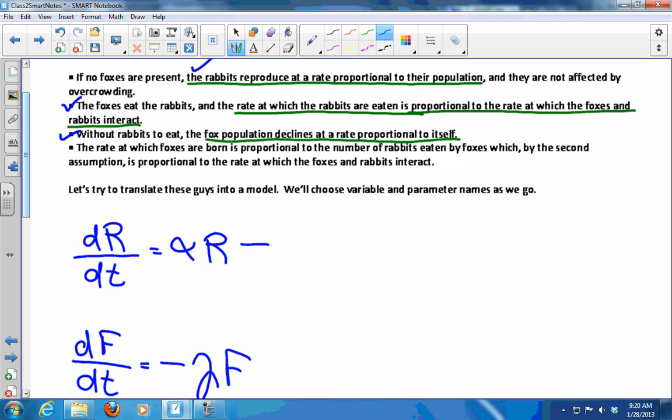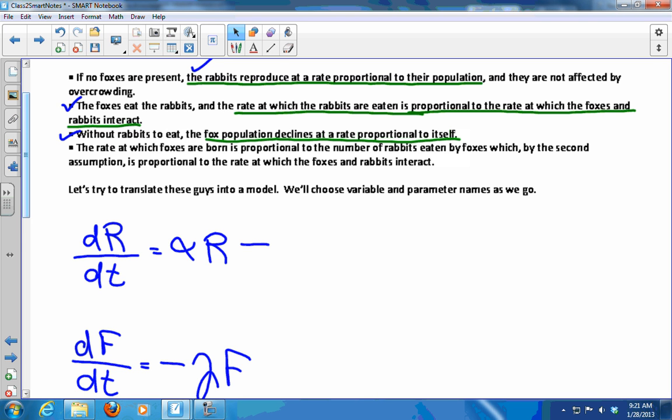Start out with less foxes and they interact more. Yeah, yep. So I need some kind of algebraic expression to represent the number of interactions between rabbits and foxes. And I would like it to be 0 if there are 0 rabbits, or 0 if there are 0 foxes.